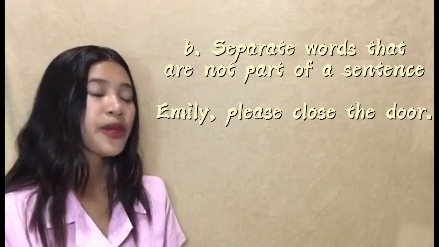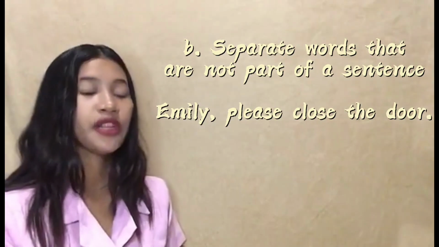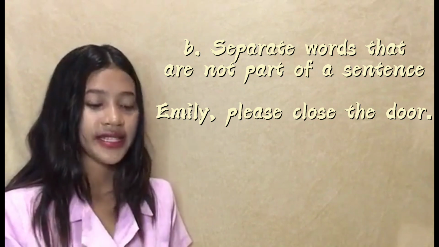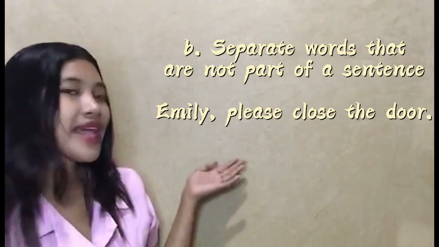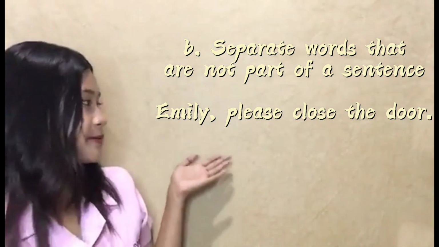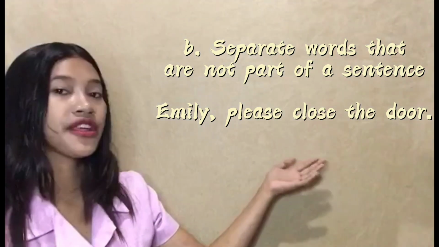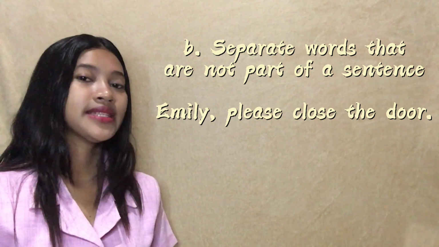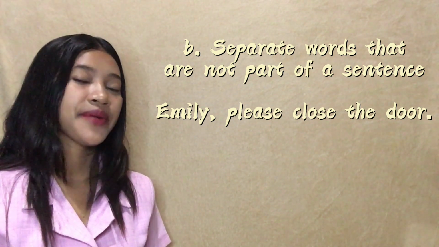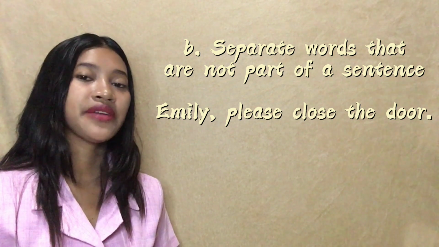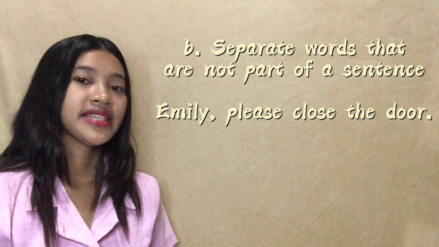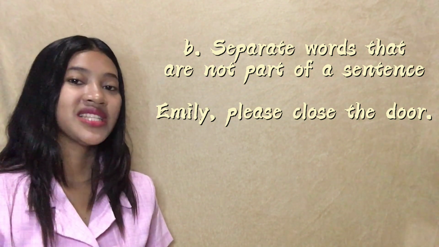And the second way is to separate words that are not part of the sentence. So please take a look at this example sentence: Emily, please close the door. This sentence is an example of a direct address. When we say direct address, that is calling someone's attention.